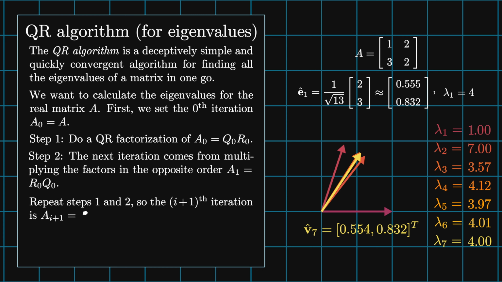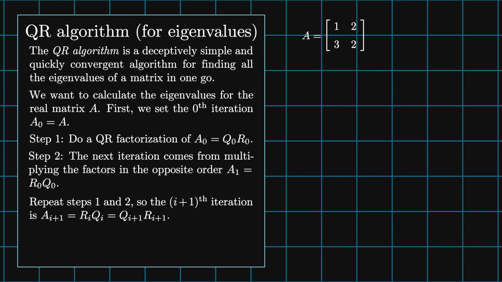Then repeat steps 1 and 2 so that A_{i+1} is the product of R_i and Q_i, which in turn can be factored as Q_{i+1} R_{i+1}. Let's try this with the same matrix we had in the previous example. A equals 1, 2, 3, 2, and its eigenvalues are 4 and minus 1.